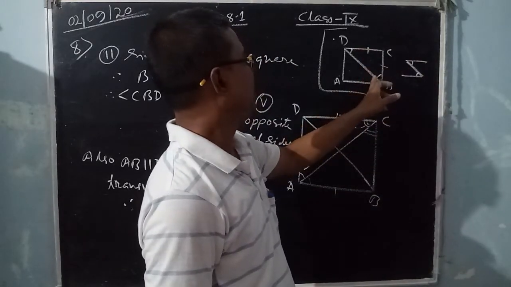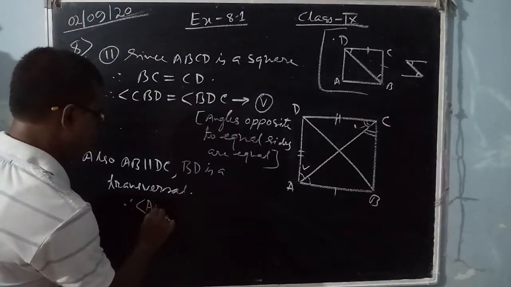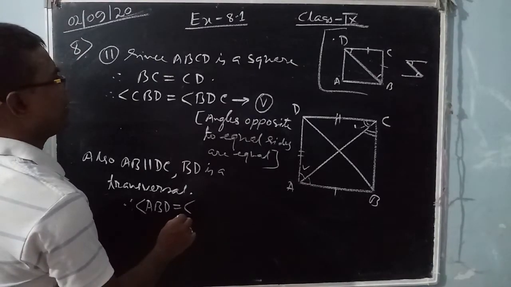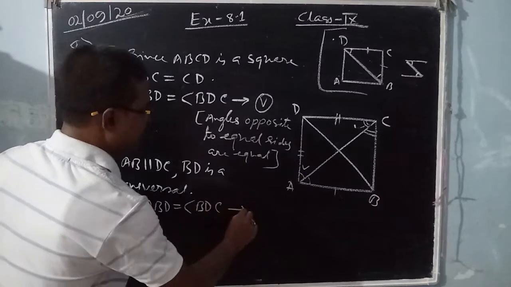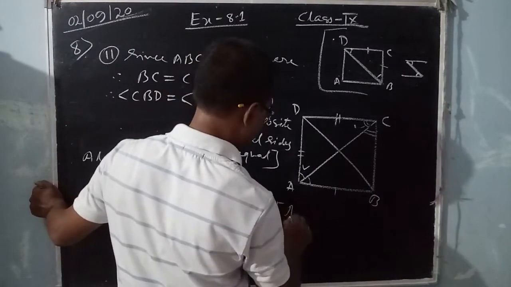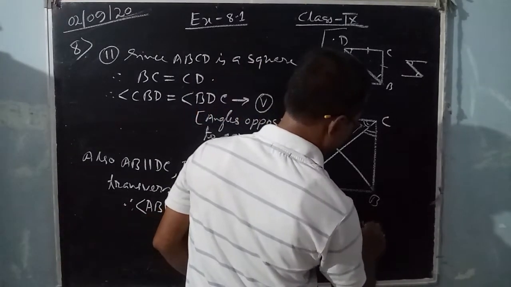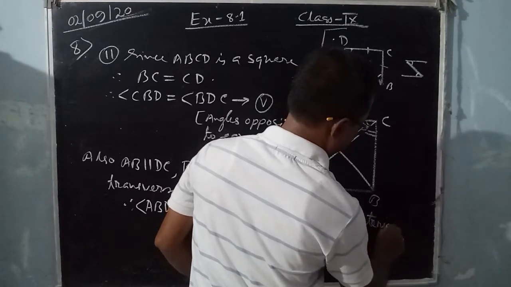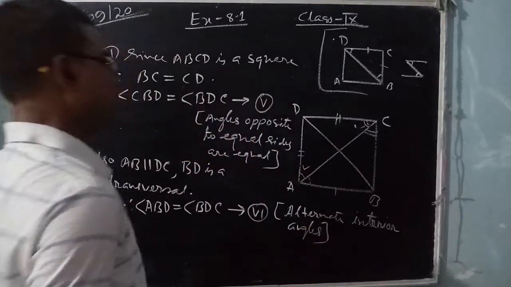Therefore angle ABD equals angle CDB, or BDC, number 6, alternate interior angles.